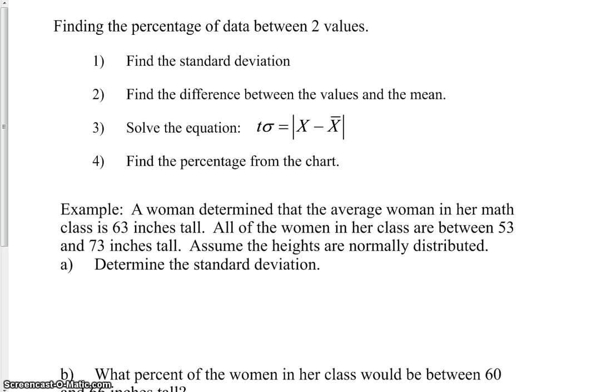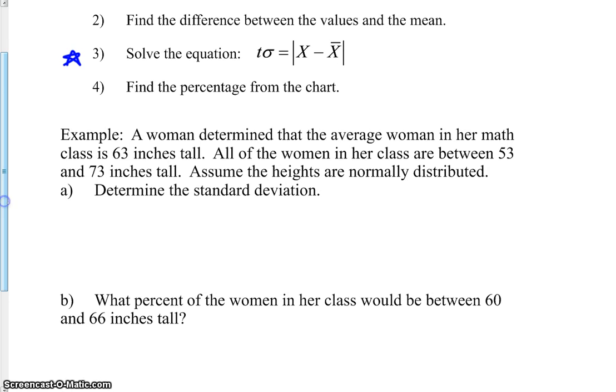Now let's look at a slightly more complex problem. We're going to follow the steps here. This is what I was doing when I was subtracting to find how many standard deviations away it was from the mean. It's just another way of writing it. The first thing on this problem, though, is that they did not give us the standard deviation, but they did give us the mean and they gave us the range. So x bar was 63.